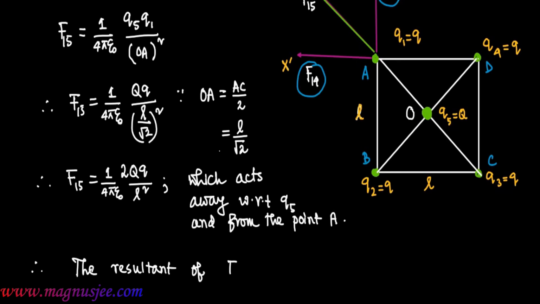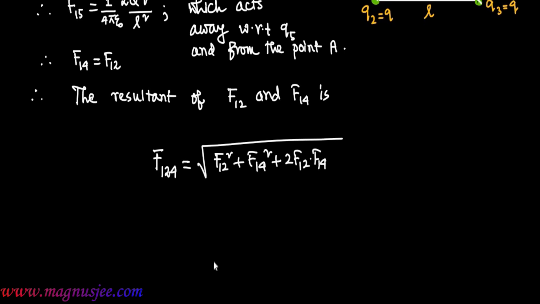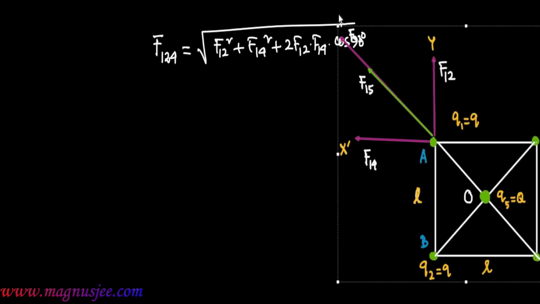The resultant of the two forces F12 and F14 is given by, also, we can write F14 is equal to F12. So the resultant of F14 and F12 is given by F124 is equal to root over F12 square plus F14 square plus 2 F12 F14 cos 90 degrees, since the two forces are perpendicular to each other.